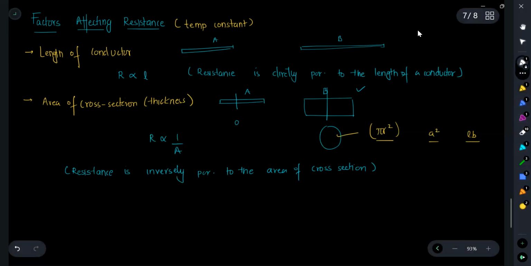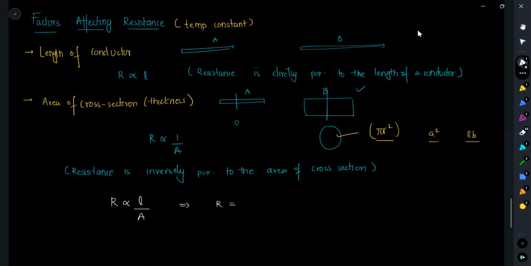Let's just combine the first two formulas. So R is directly proportional to L and inversely proportional to A. अगर हम equality लगाना चाहेंगे तो we will be using a constant of proportionality. ठीक है, so this constant of proportionality in this case is called resistivity and it is denoted by rho.